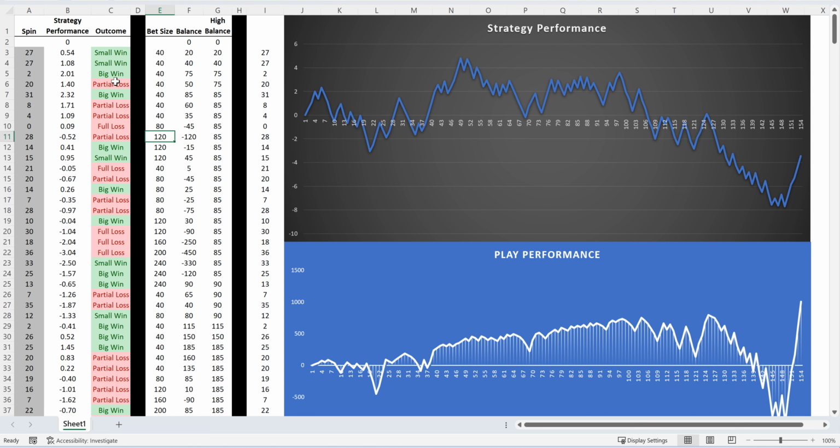And there's also what I've called small wins and big wins, depending on where exactly you hit. So that's what this one is. Now this one is a model of the strategy's performance itself. In other words, assuming you're basically flat betting the strategy, and it's assuming there's no house edge. So this is the one where I just want to see how the strategy itself is trending.